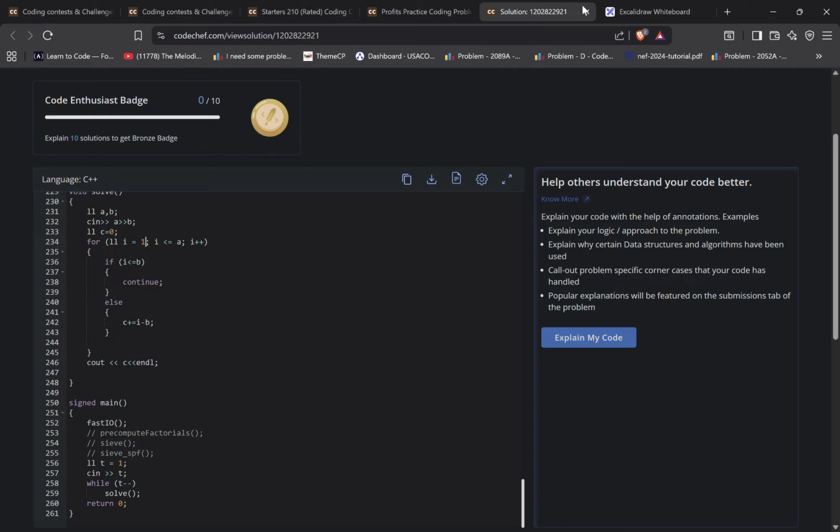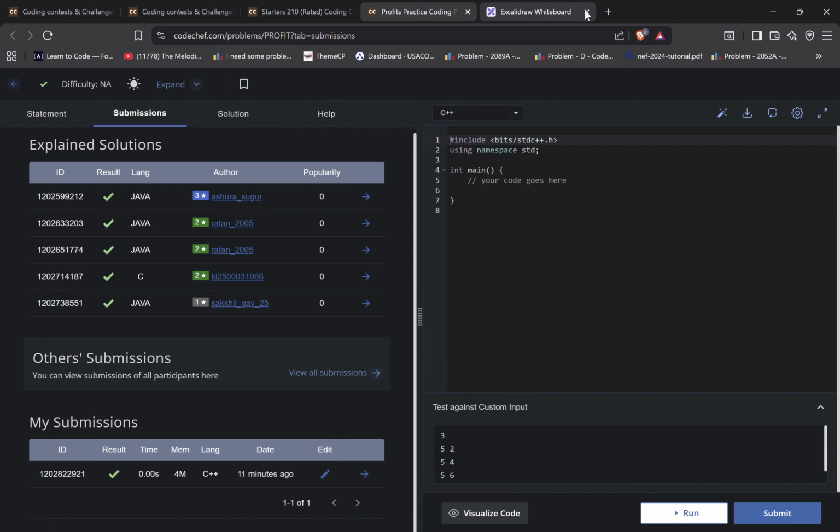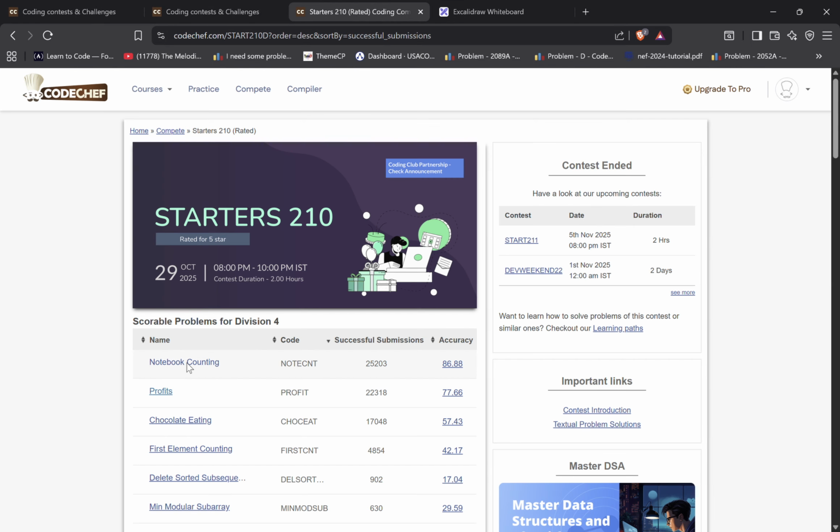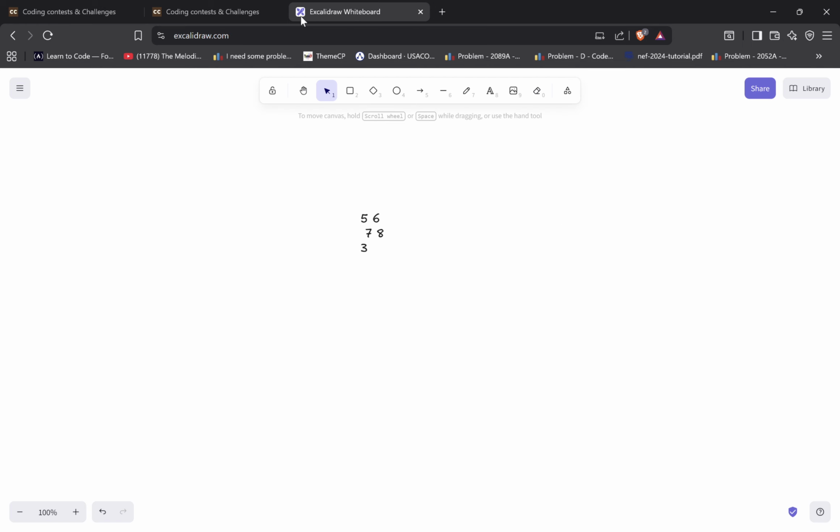So yeah, you will get the sum of the AP in O of 1. This is still O of n. So yeah, the AP is most optimal, and I just did this because it is quick. So yeah, that was the solution for that one. Now moving on to Div 2.